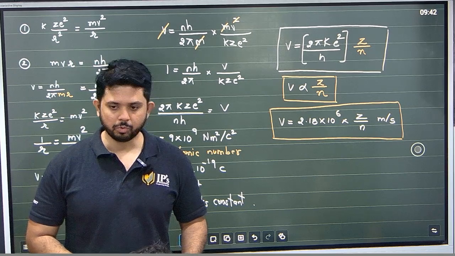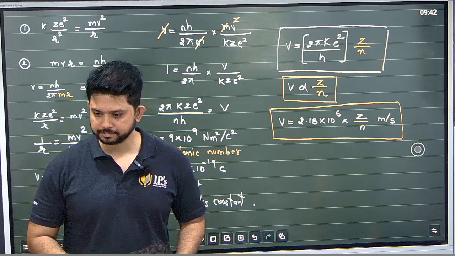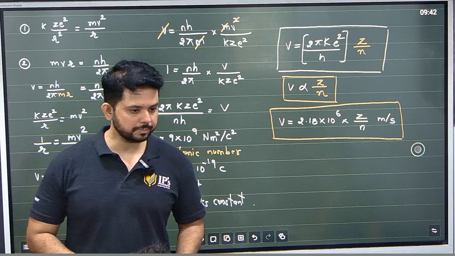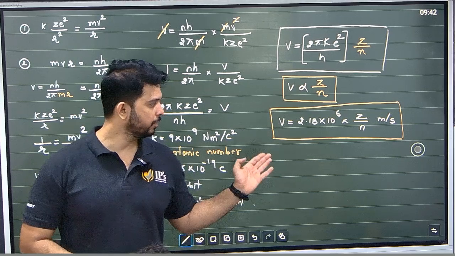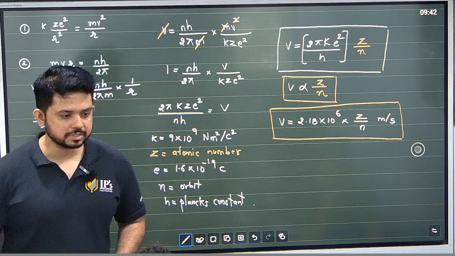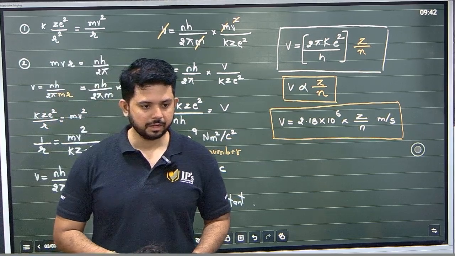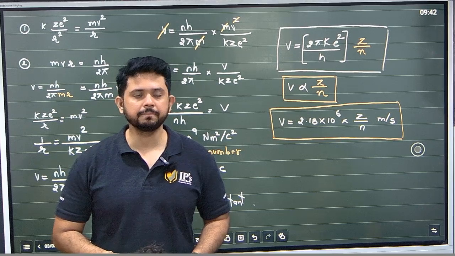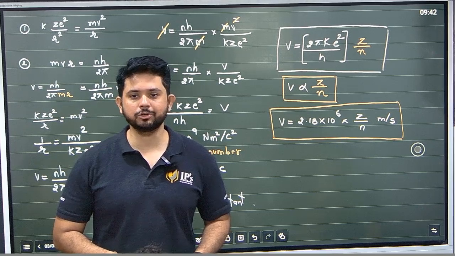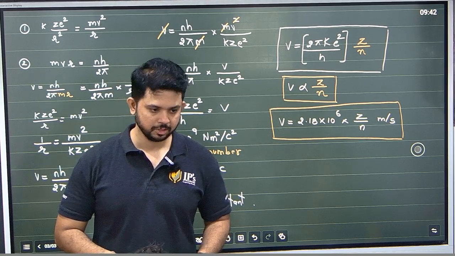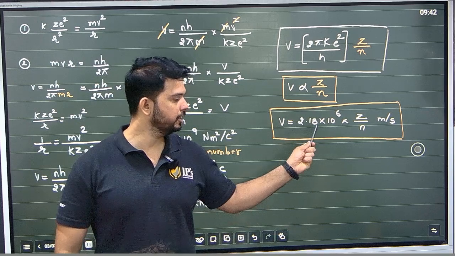So, what is Z for hydrogen? 1. What is n? 1. So, what will the velocity be? 2.18 into 10 raised to 6 meters per second. Find the velocity for me, let's say for an electron in lithium. 3 into 2.18 into 10 raised to 6.